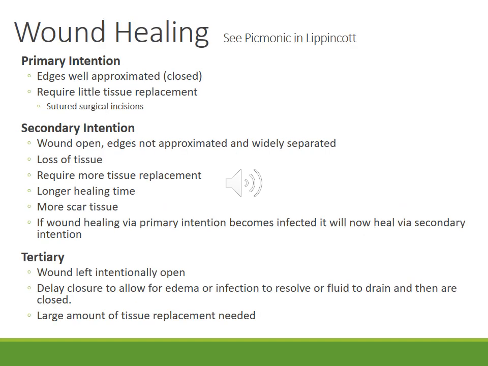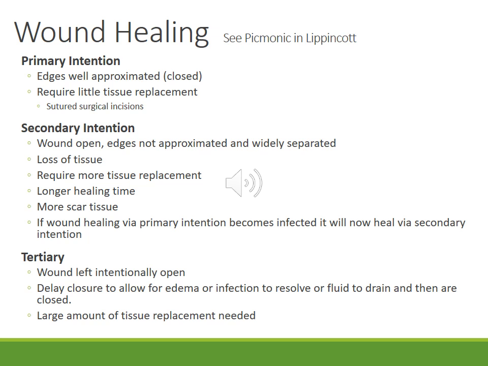ulcers. So to begin wound healing, and again, the next few slides are about the phases of wound healing, but we can talk about wound healing as far as, is it healing with primary intention, secondary intention, or tertiary? And there is a mnemonic in your Lippincott textbook that might help you to visualize and remember this.